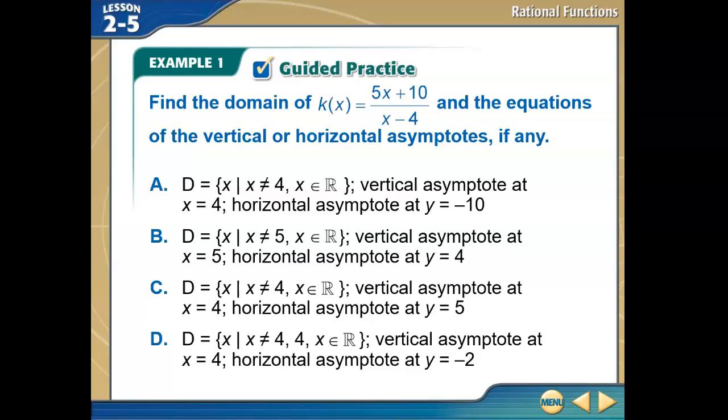We know that x can equal 5, x cannot equal 4. Looking at C, domain: x cannot equal 4, vertical asymptote at x equals 4, horizontal asymptote at y equals 5. So letter C is the one that fits all the requirements that we found by using our rules. So letter C is the correct answer.